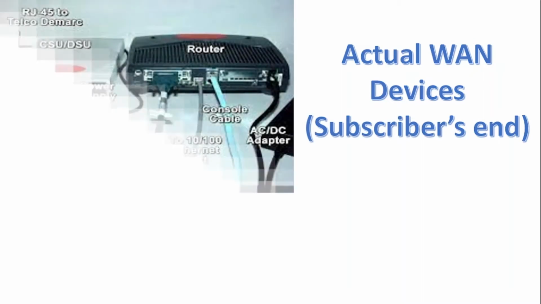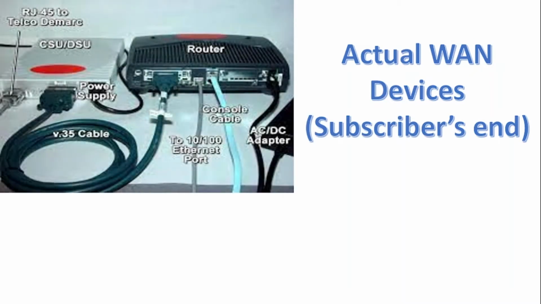If you take a look at the actual WAN devices on the subscriber's end, for the DTE, that is the router, that router is connected to the console cable and goes to the local area network of the company.